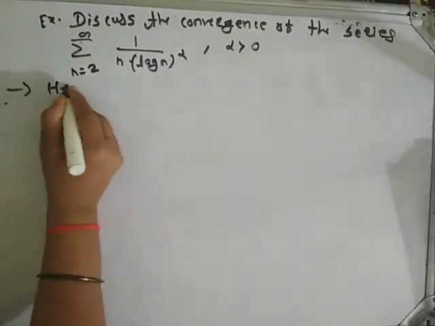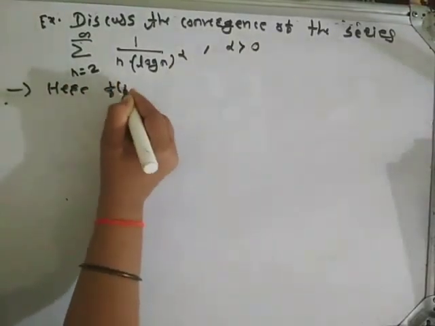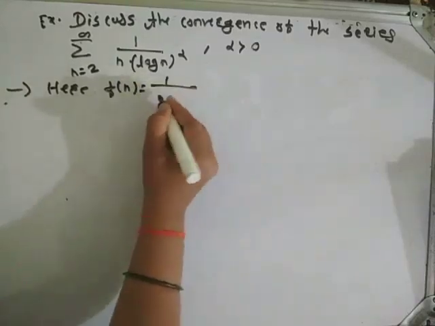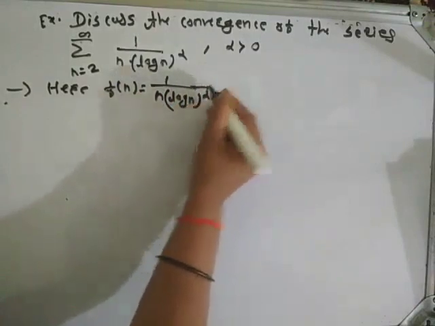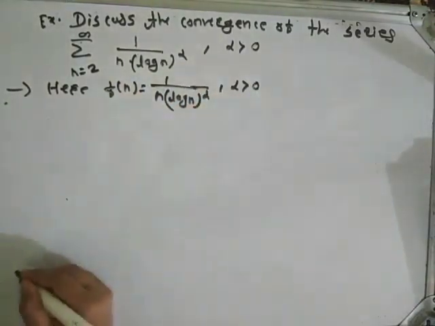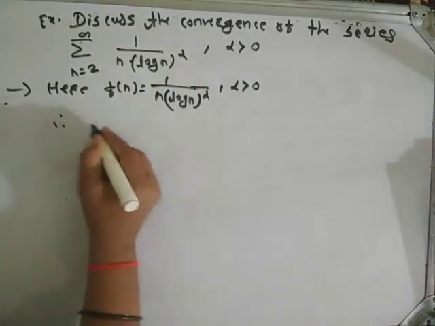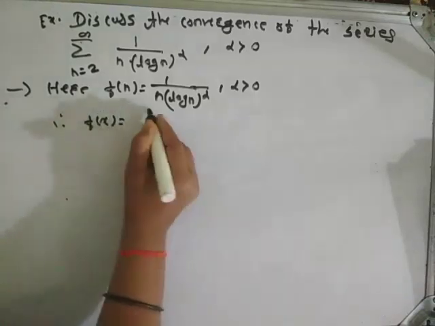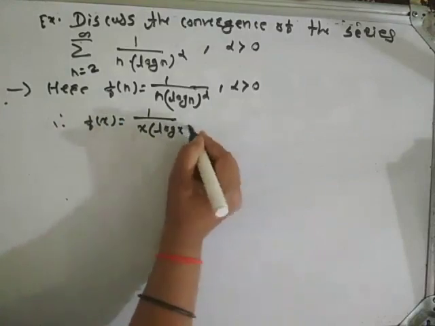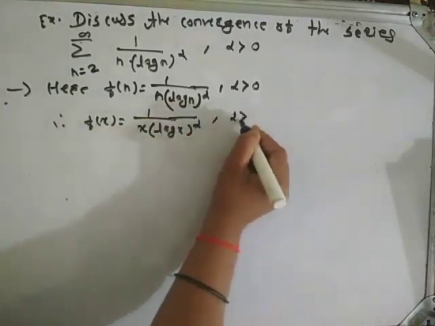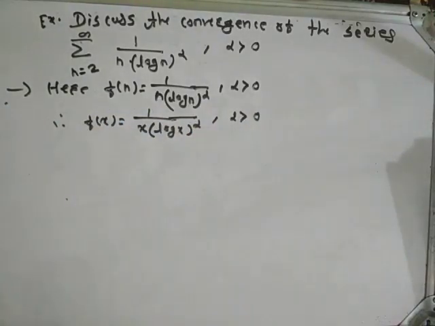Solution. Here f of n means 1 upon n into log n raised to alpha, where alpha is greater than 0. Therefore, f of x is equal to 1 upon x into log x raised to alpha, where alpha is greater than 0.